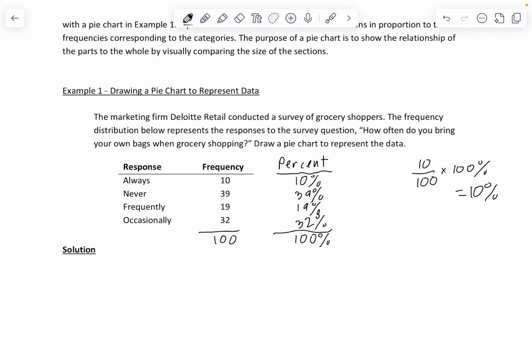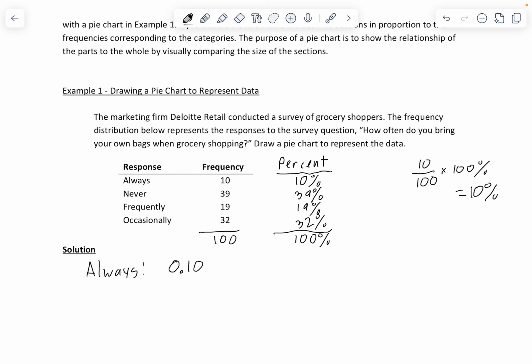We can do that. Down here, what we do is we calculate what percent of the total number of degrees. The entire circle is 360 degrees. So the category always would be 10% of 360 degrees. To calculate a percent of a total, we take the percent written as a decimal and multiply it by the total. 10% in decimal form is 0.10.